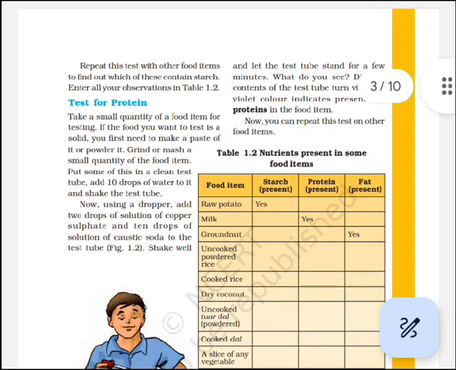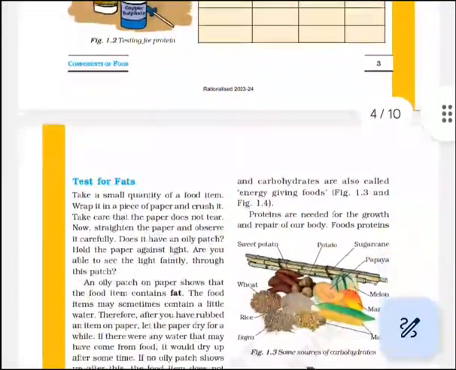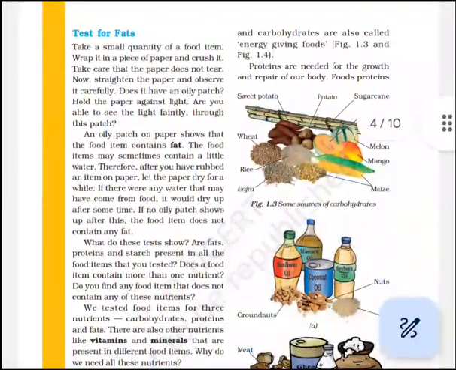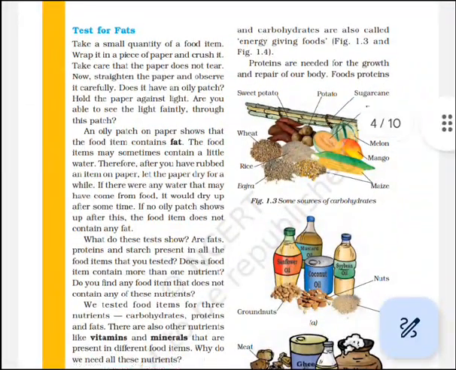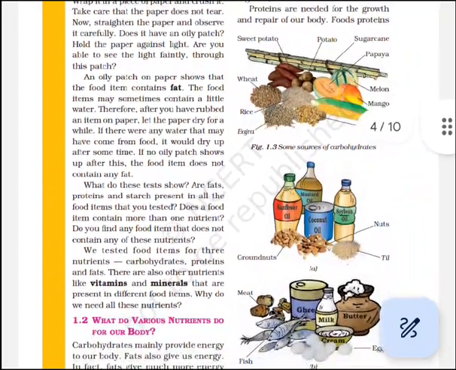Test for fats. Take a small quantity of a food item, wrap it in a piece of paper and crush it. Take care that the paper does not tear. Now straighten the paper and observe it carefully. Does it have an oily patch? Hold the paper against light. Are you able to see the light faintly through this patch?